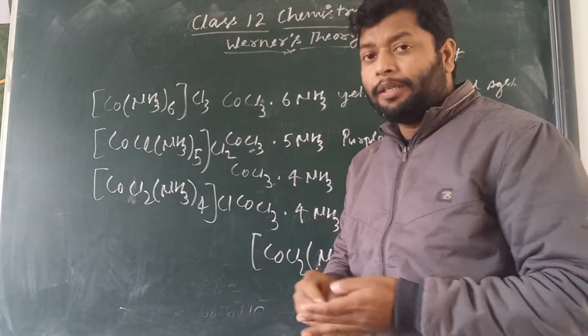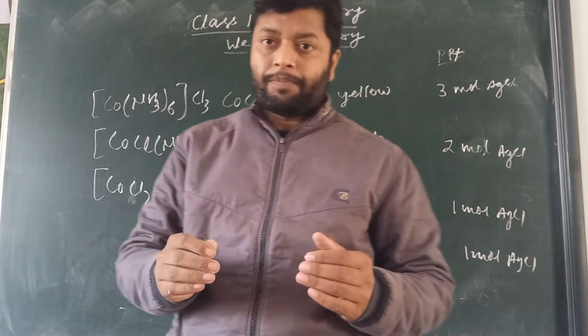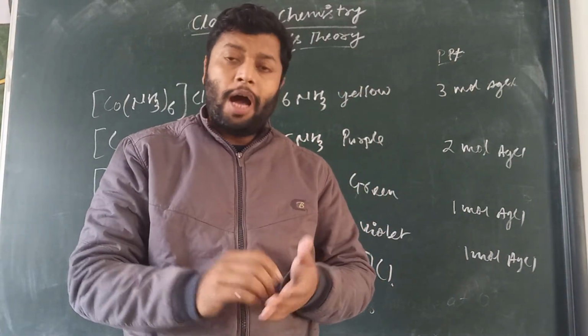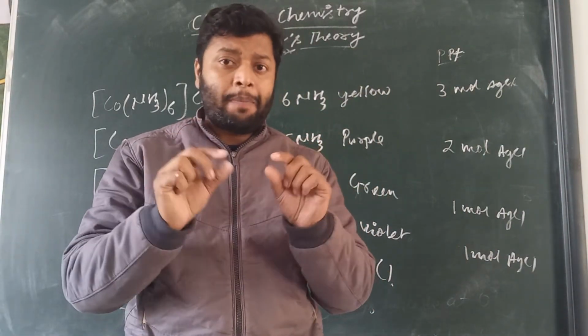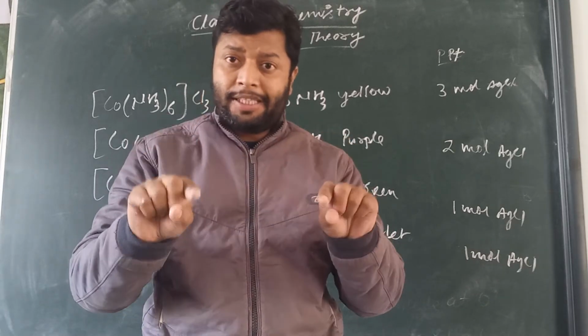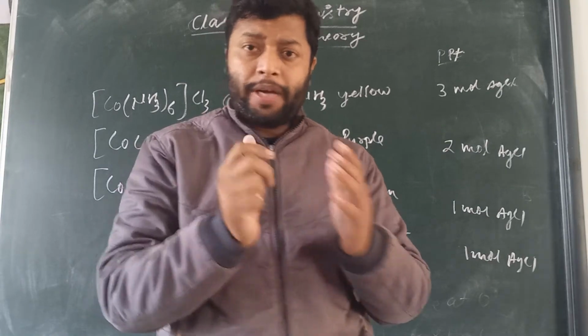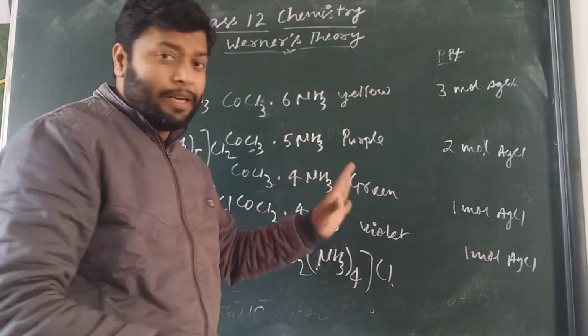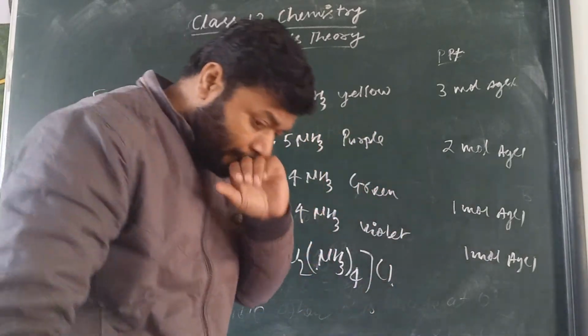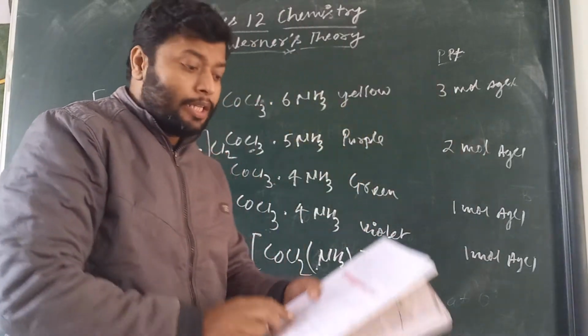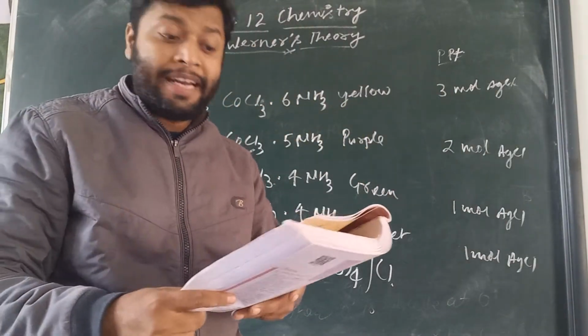For example, the conductivity ratio of any solution depends upon the number of ions freely furnished that move across the electrodes. So you can also compare the conductivity ratio that is given in Table 9.1 in NCERT.